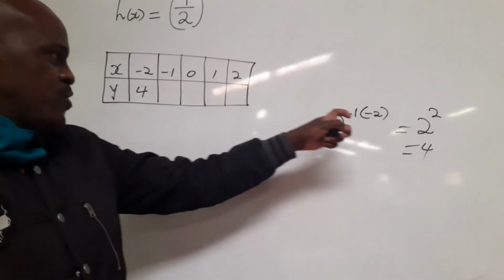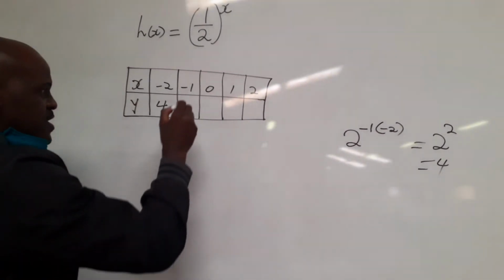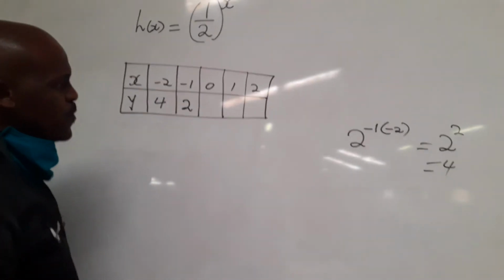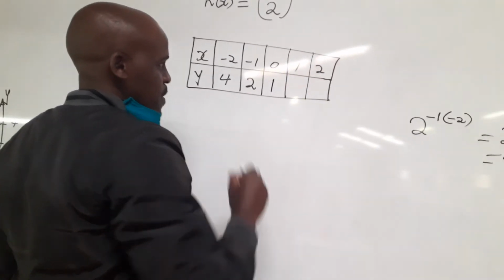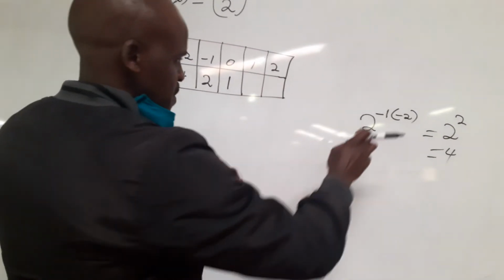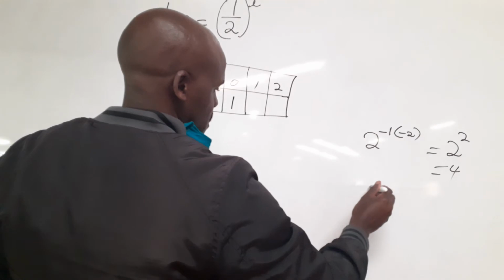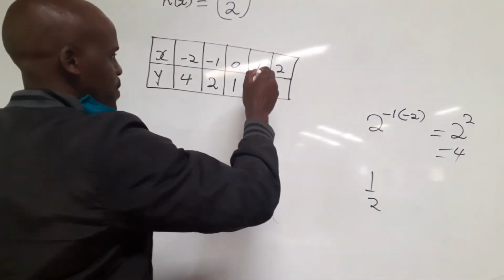Again, when you are to put negative 1, you're going to get 2. When you are to put 0, we are going to get 1. Put 1 in the place of that, it will be 1 over 2.